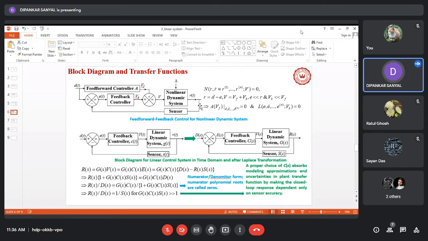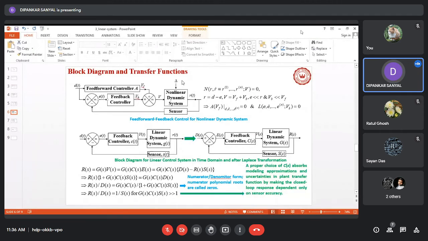where the response is also fed back by a sensor, and their difference constructs the error, and that error is processed in a feedback controller like a PID controller that will give us an estimate of the feedback voltage, and by adding these two we'll be getting the total voltage, and the total voltage will drive the nonlinear system to generate a response.